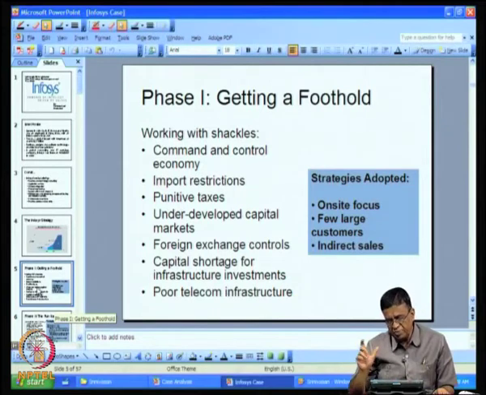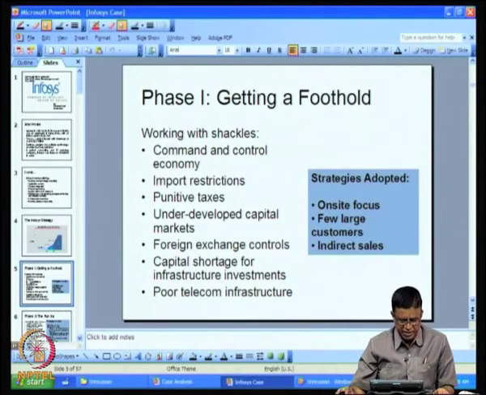Then what are the types of strategies the company adopted? It focused on on-site jobs, few large customers, indirect sales. So, this is the way the company went about in this stage of foothold.